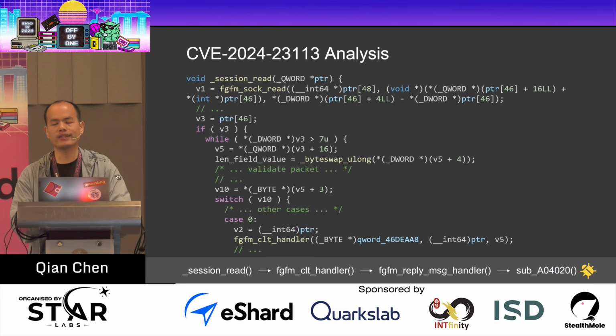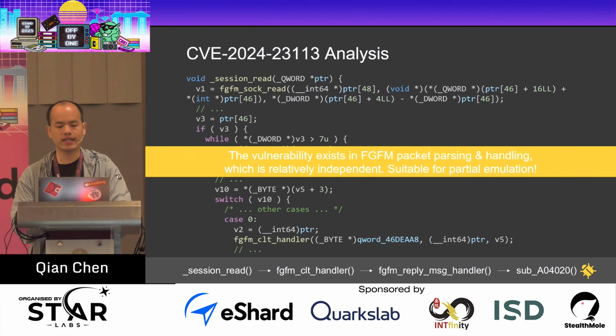Looking at the function call and the execution flow of CVE-2024-23113, we can say that the vulnerability exists in the FGFM packet parsing and handling process, which is relatively independent. This makes it an ideal candidate for partial emulation. Rather than emulating the entire binary, we can focus on emulating these packet handling functions to analyze and debug the vulnerability.